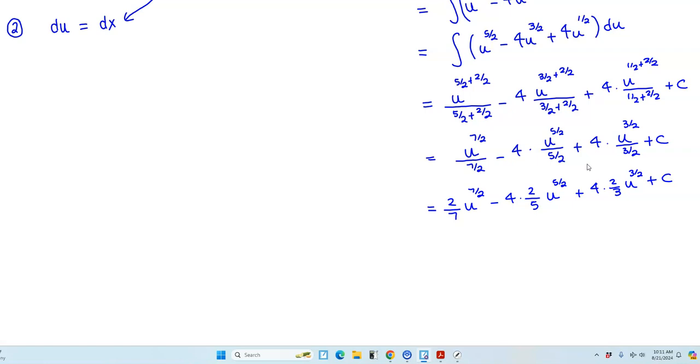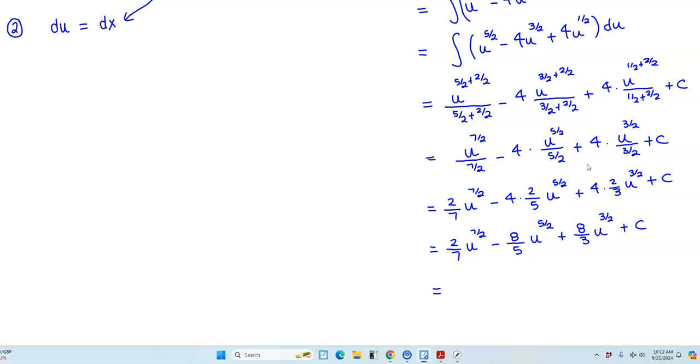And so now let's simplify this with our fractions. So we get the following. We have 2 over 7 u to the 7 over 2, minus 4 times 2, which is 8, so that's 8/5 u to the 5 over 2, plus 4 times 2, which is going to give us 8, and that's 8 over 3 u to the 3 halves, plus c.